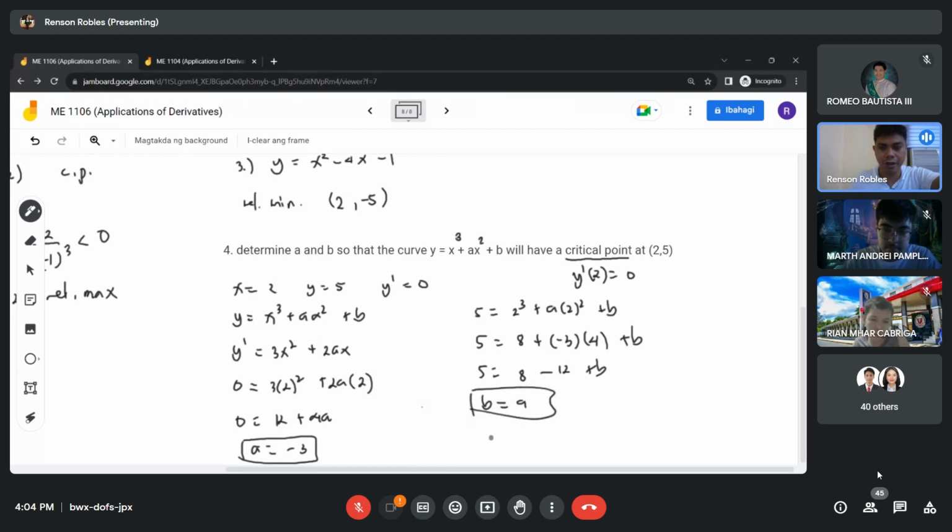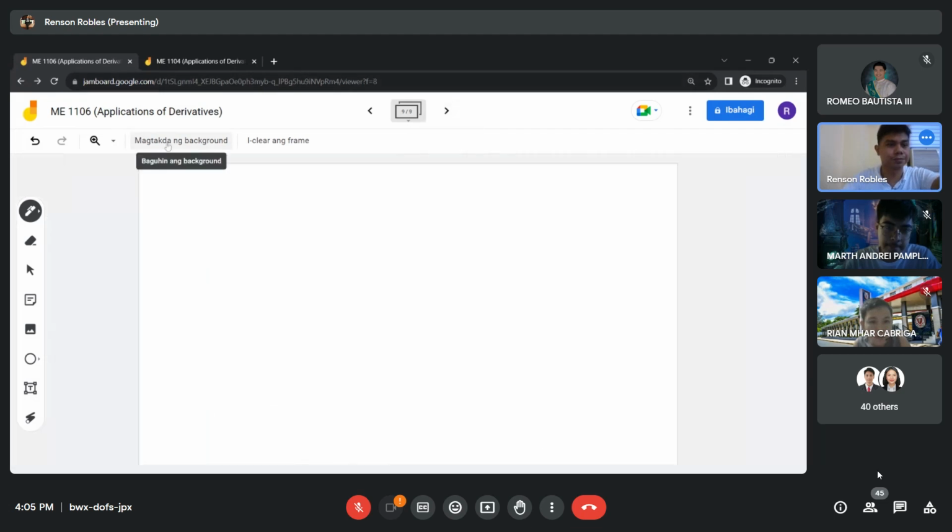So the equation will be y equals x cubed plus a, that's negative 3x squared plus 9. That's the example.